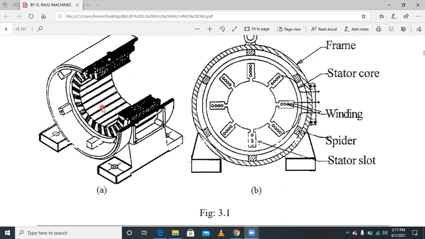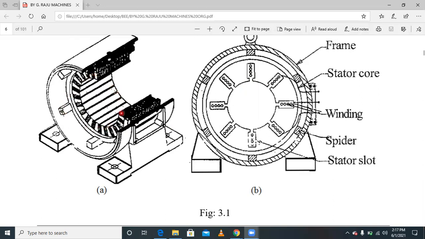Generally the rotor is connected in star, but the stator may be star or delta. Because of the three-phase winding, the magnetic field rotates clockwise or anti-clockwise based on the phase sequence RYB or RBY.